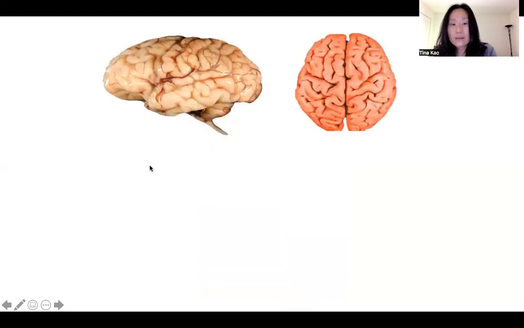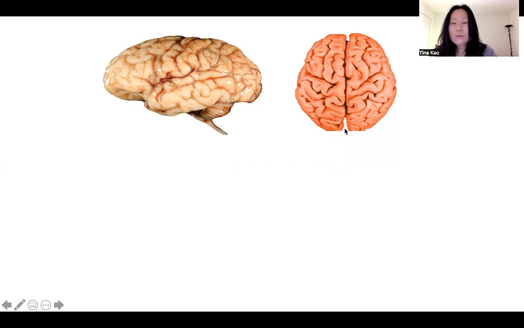And so, when you think about the brain, I think many people will think of this picture to your left. This is a picture of an intact left hemisphere of the brain. And if you look from the dorsal, the top down, you also see there's a little bit of what we call a midsection area where there's an indentation.